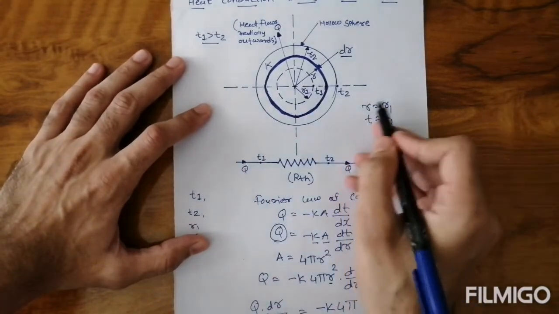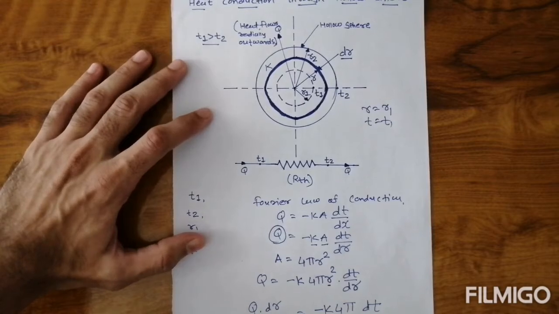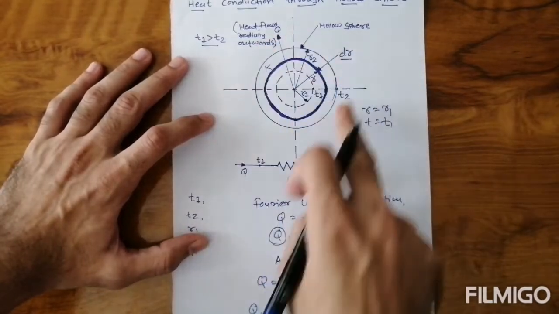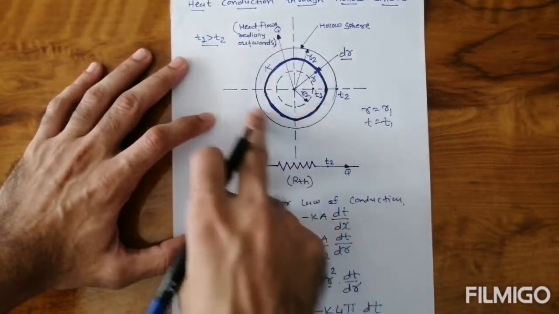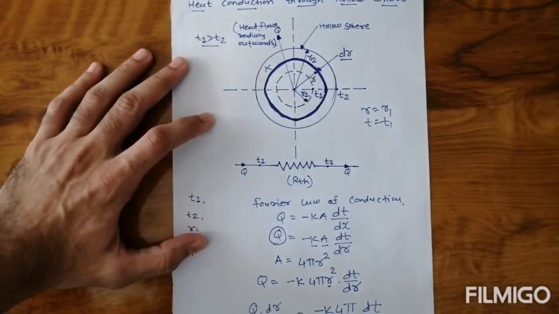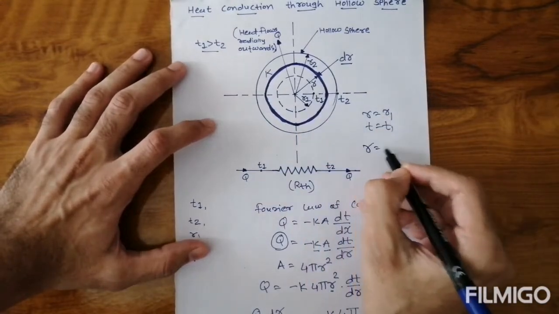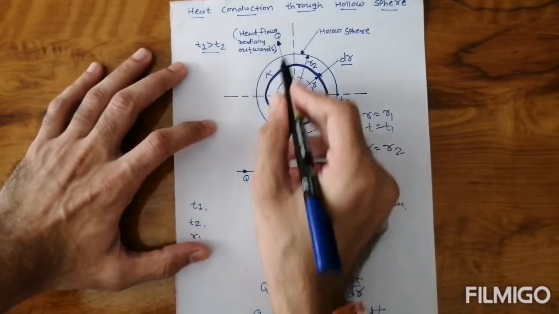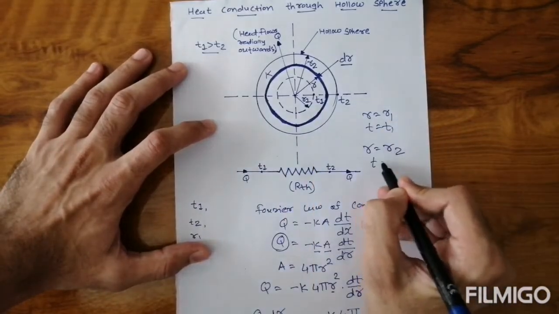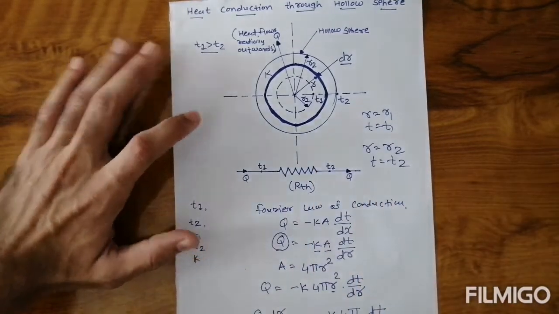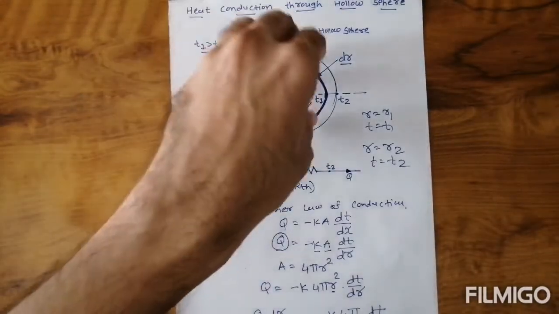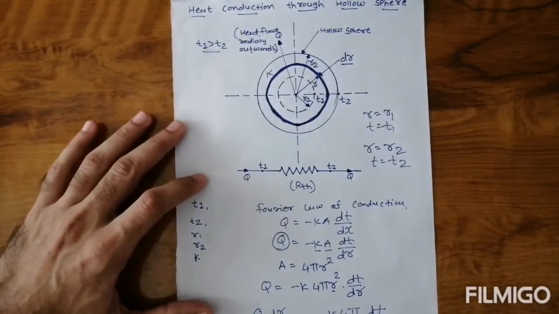So the inside surface condition is radius r is equal to r1 and temperature T is equal to T1. Similarly, the outside boundary condition: the outside radius is r is equal to r2, and the outside temperature is T is equal to T2. So we have one boundary condition inside and a second outside, the inside surface boundary condition as well as the outside surface boundary condition.